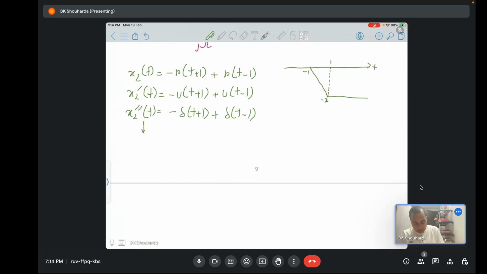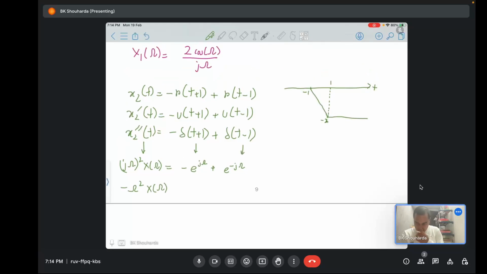So now let me take their corresponding Fourier transforms. (jω) squared X(ω) equals minus e^(jω) plus e^(-jω). So it's minus ω squared X(ω) equals minus 2j sine of ω.